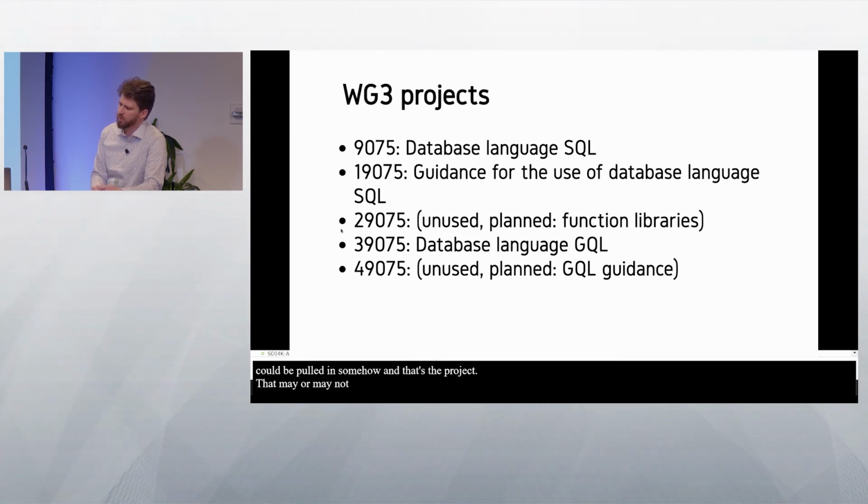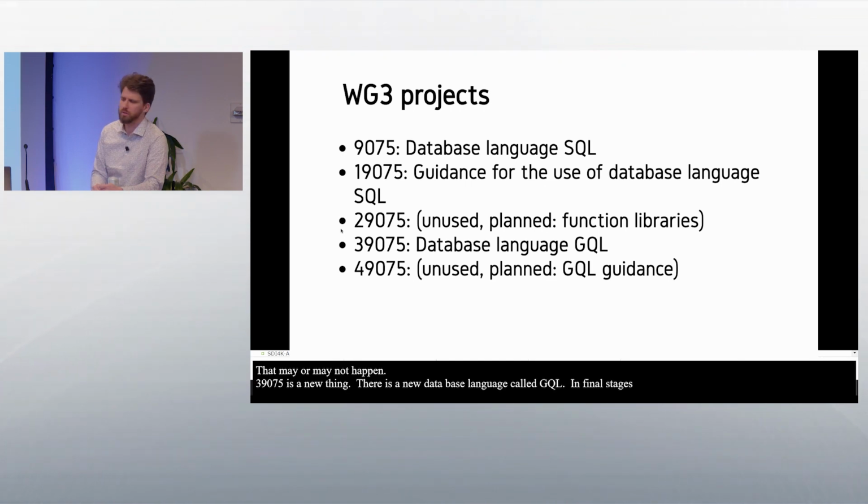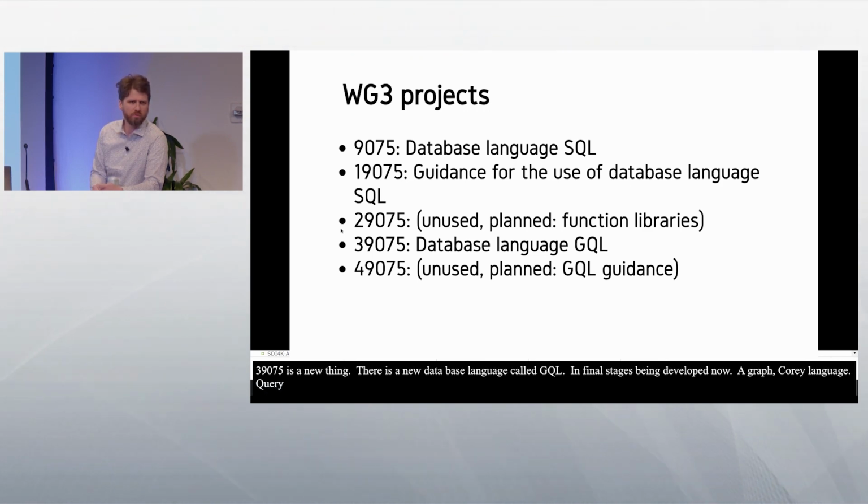39075 is a new thing. There's a new database language called GQL, which is just in the final stages of being developed now. It's a graph query language. Some of you might know, for example, Cypher, the graph language that came out of Neo4j.